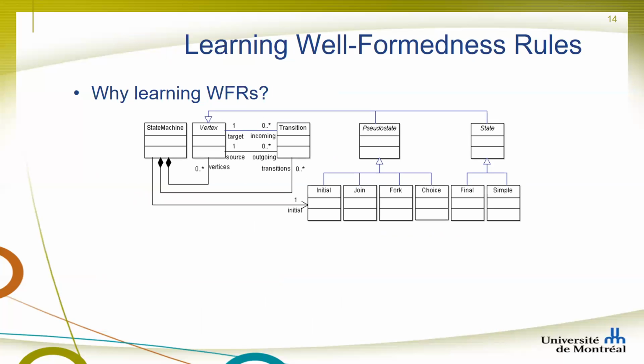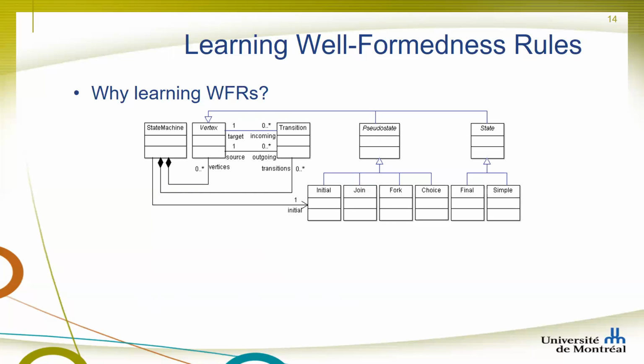So let's start with learning well-formedness rules. This is to assess if a model is valid with respect to a domain-specific language, for example. Usually when I define a domain-specific language, I define the structure of the programs or models that I can write with this language.